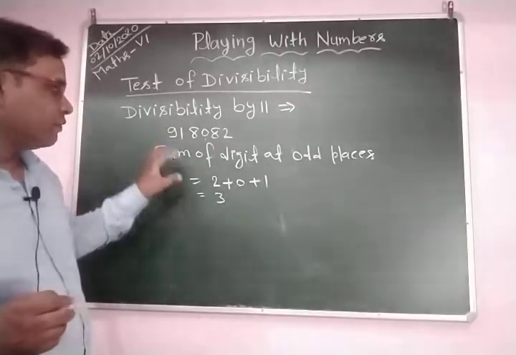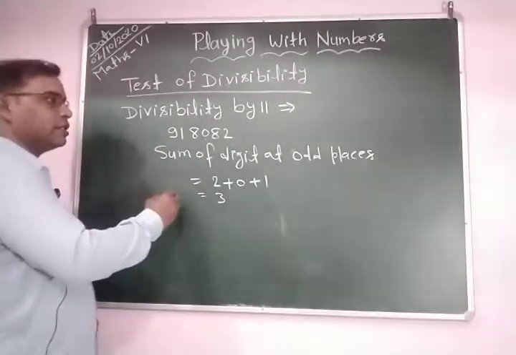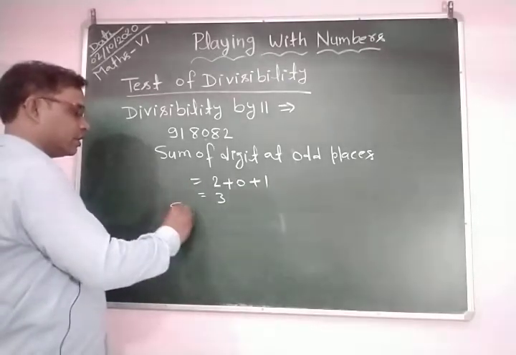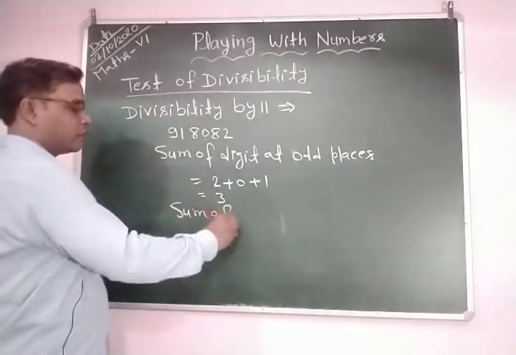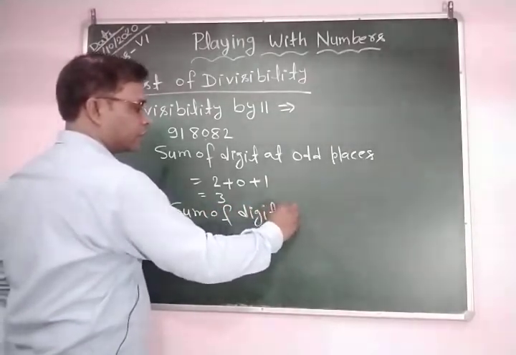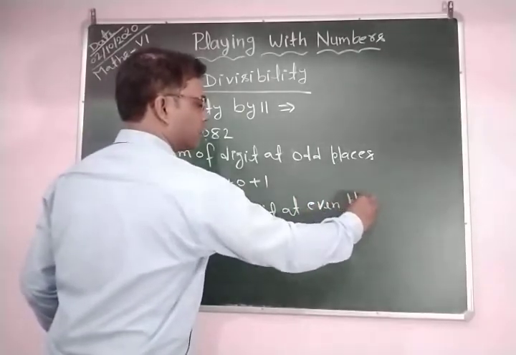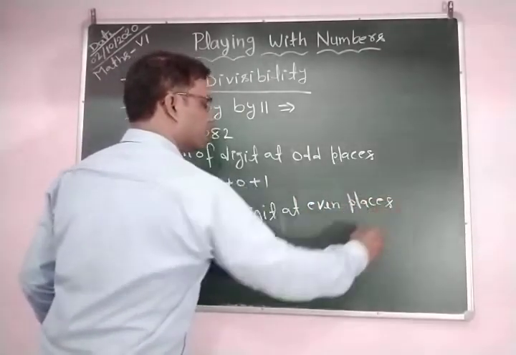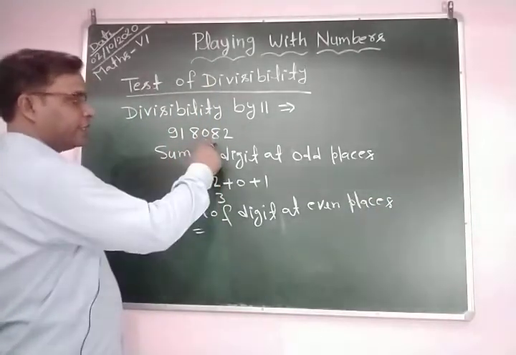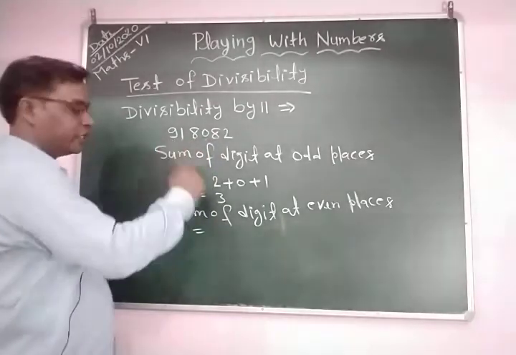Now again we find the sum of digits at even places. This is equal to 8 plus 8 plus 9. This 8 is an even place digit, this 8 is also an even place digit, and this 9 is also an even place digit.